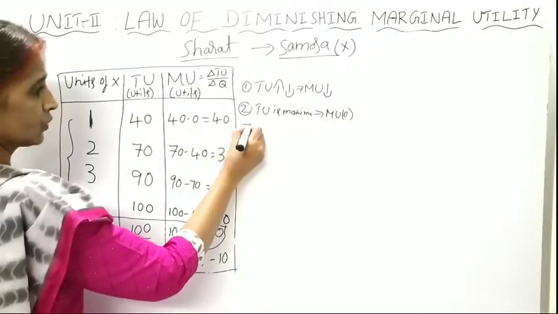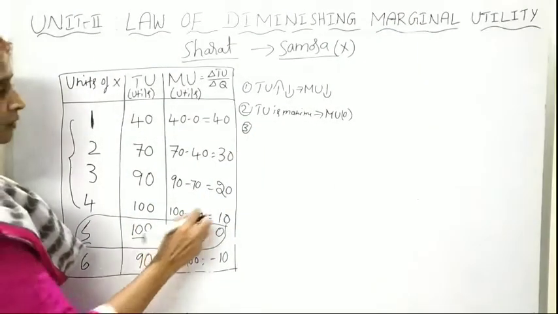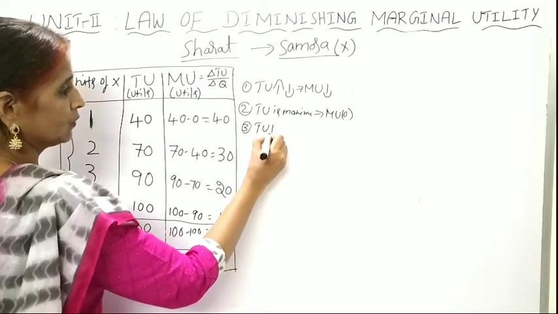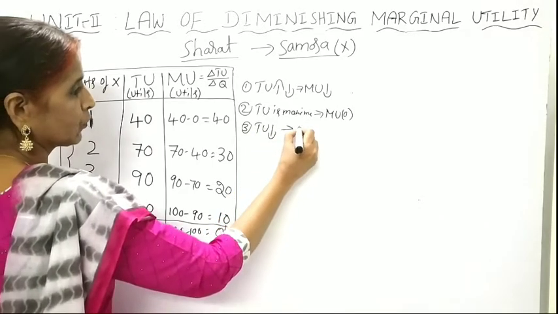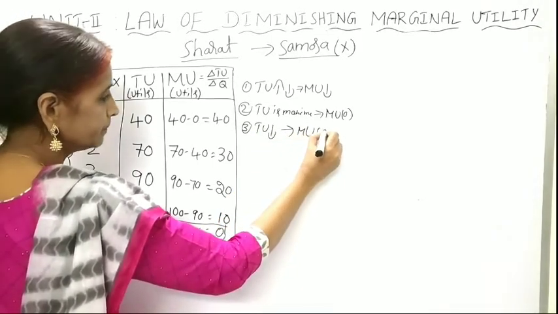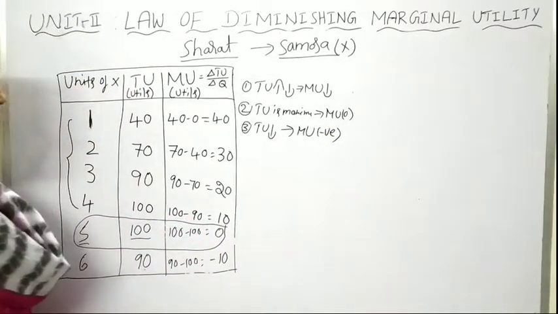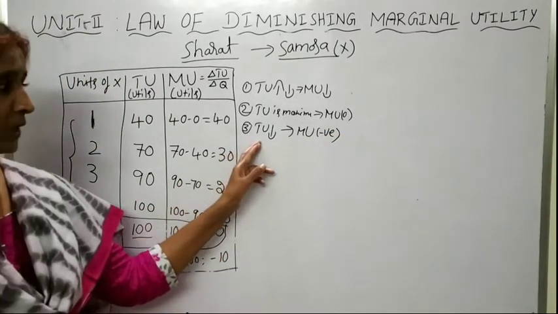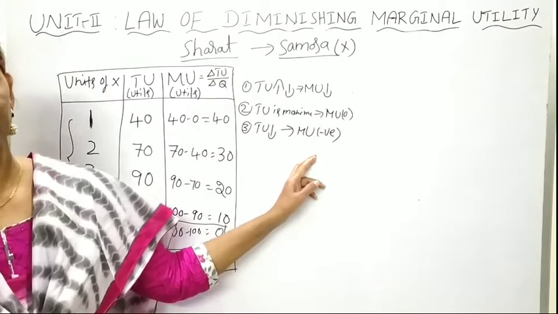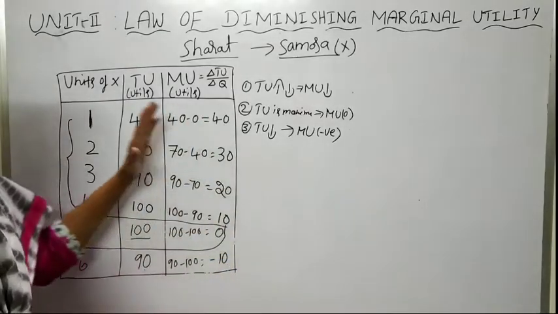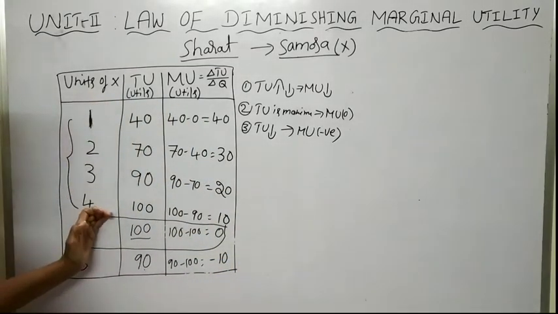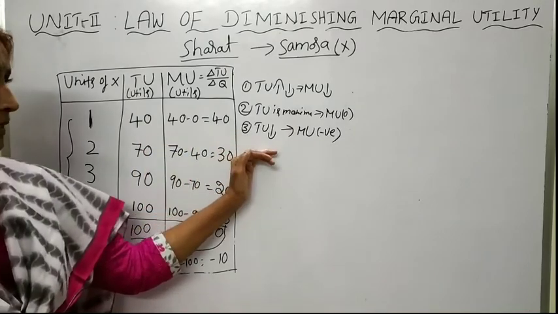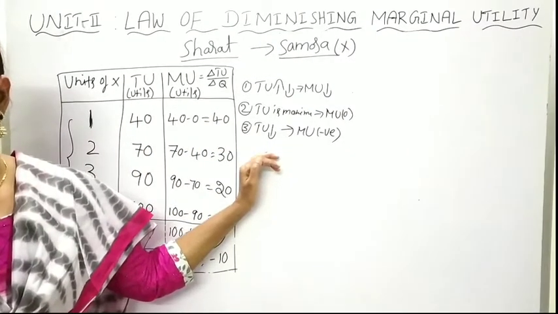After that, if he consumes extra units, TU will diminish and MU will become negative. Okay, children? So this is the relation between the total utility and the marginal utility. By studying the schedule, we are able to explain this relation.